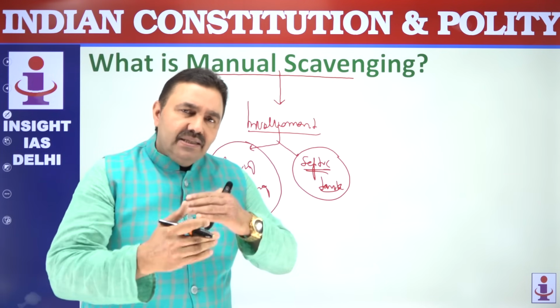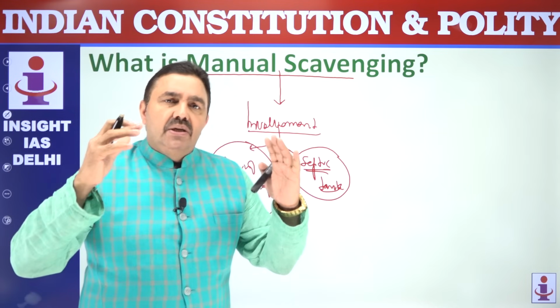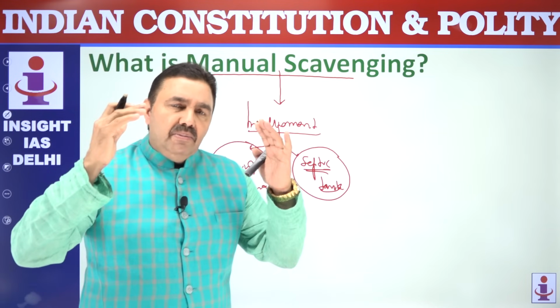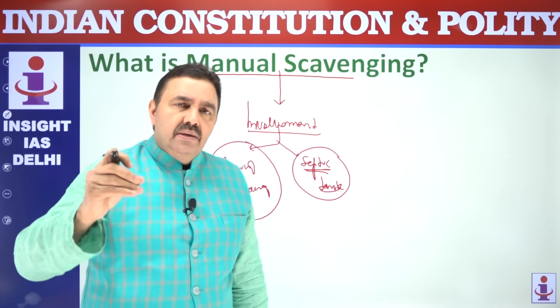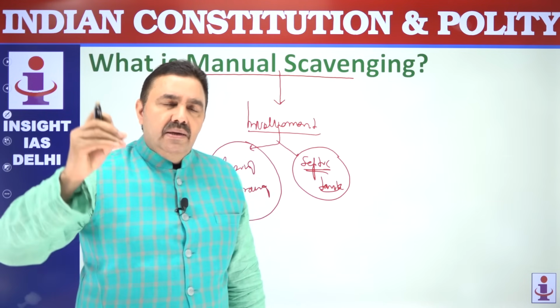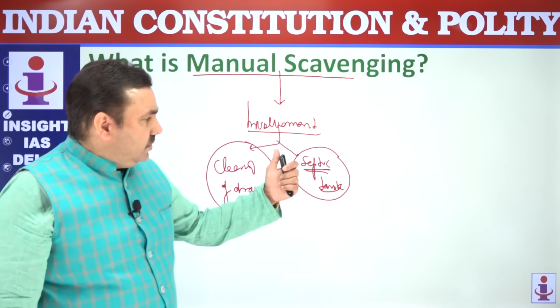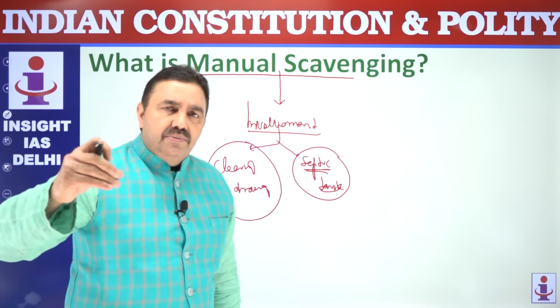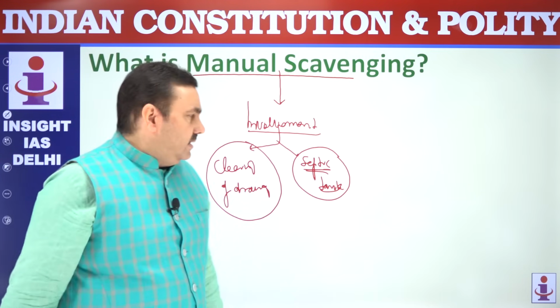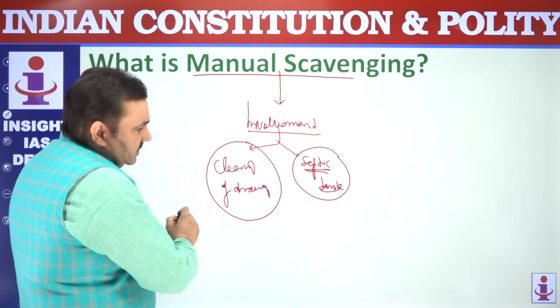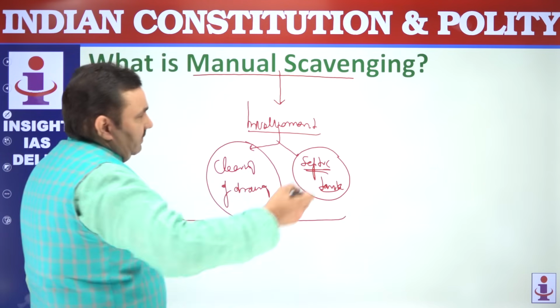So still in many cities, machines are not available. Human beings are used to clean drains. Human beings are used to clean the public toilets. Human beings are made to clean the septic tanks, the tanks which are used in dry toilets. So these kinds of activities are referred to as manual scavenging.